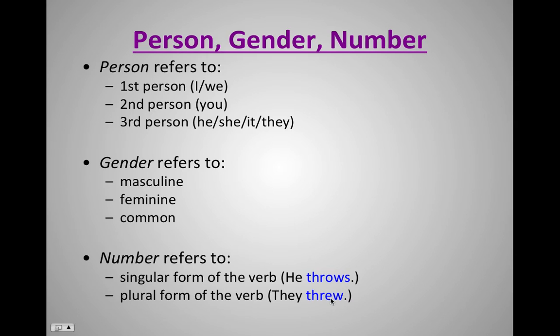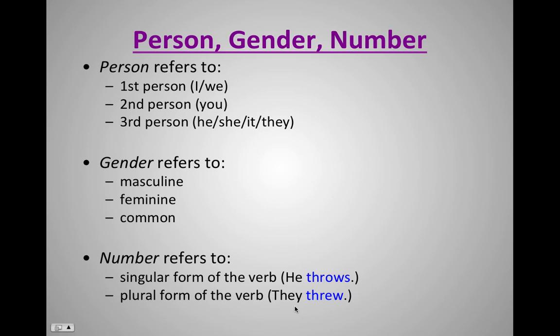Note, we also have verbs that match plural subjects. In the sentence, they threw, our subject is plural, they. There's more than one person in that subject. So we would say they threw. In this verb, now we wouldn't say, again, they throws. Well, we could say they throw in present tense, but we wouldn't say they throws.